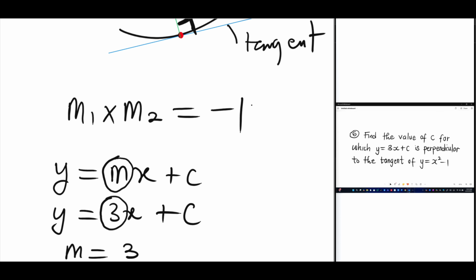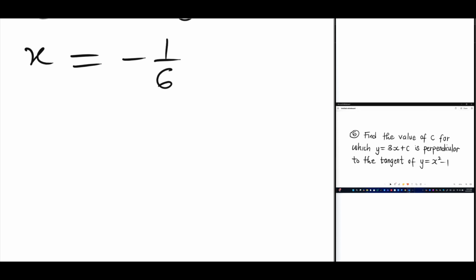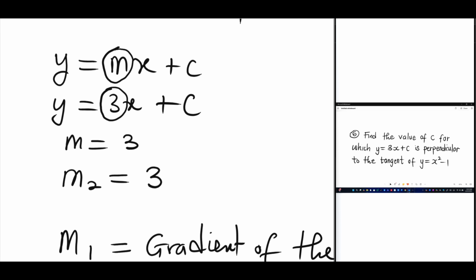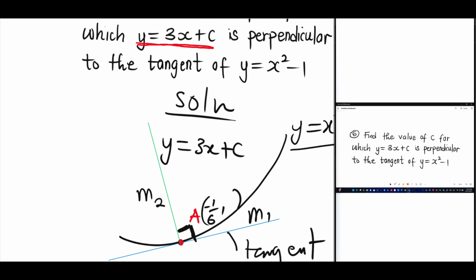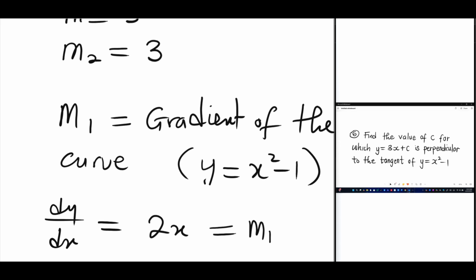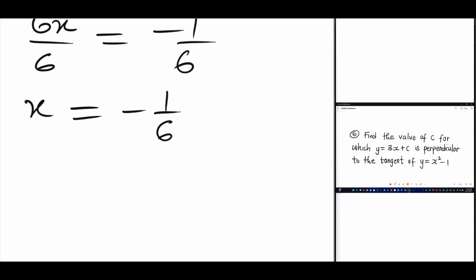Since x is equal to -1 out of 6, to find the y component, you just plug the value of x into the curve to get its corresponding y value.